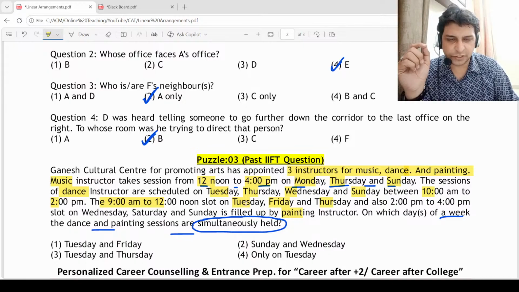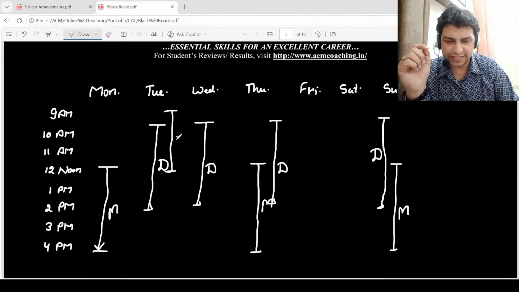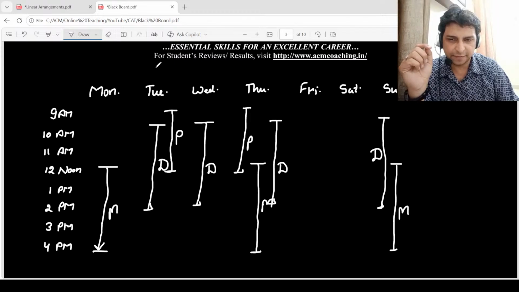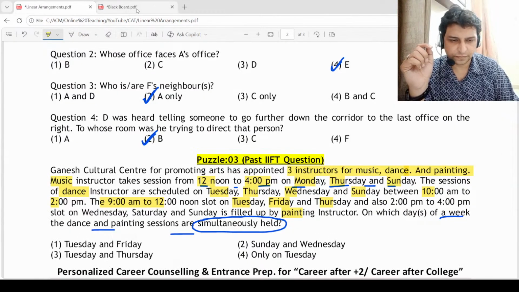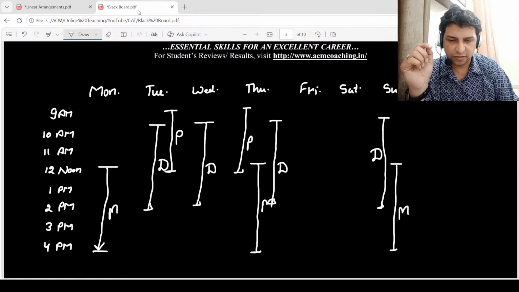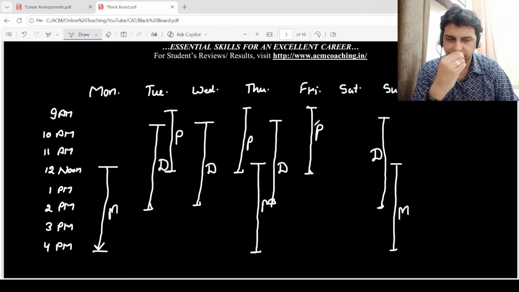So, painting Tuesday, Thursday, and Friday, 9 to 12. So, painting Tuesday, Thursday, and Friday. That is the painting.